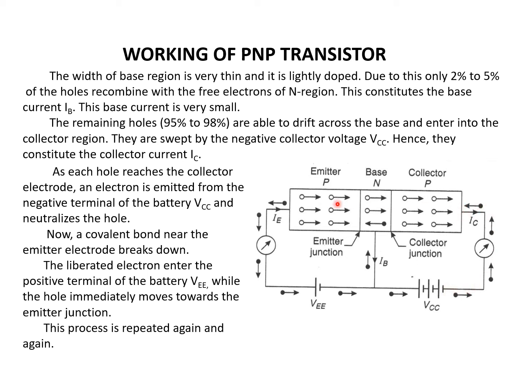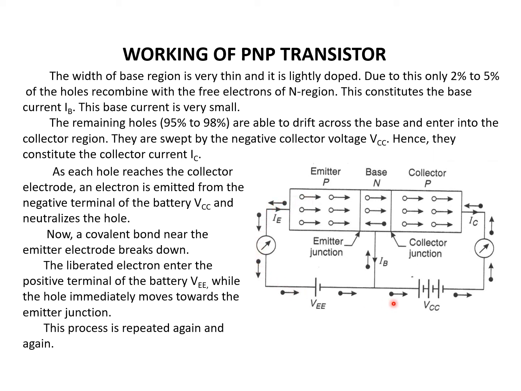At the same time, a covalent bond near the emitter electrode breaks down. Covalent bond breaking means one electron and hole pair are formed in this place, and these released holes are repelled by the battery and the electrons are attracted by the battery. Like that the electrons flow here.